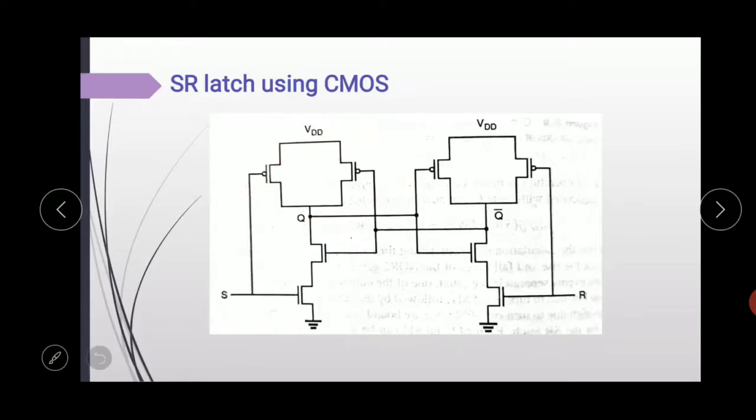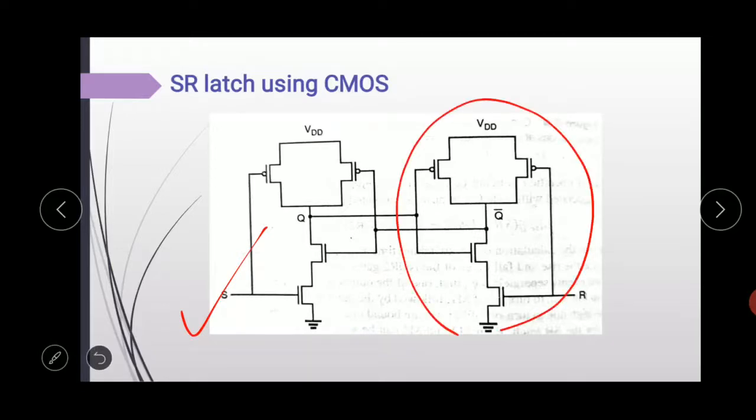As per the logic diagram, the output of this NAND gate is connected to the input of the other NAND gate. This is the output, and it is connected here, and the output of the other NAND gate is connected to the input of this one.